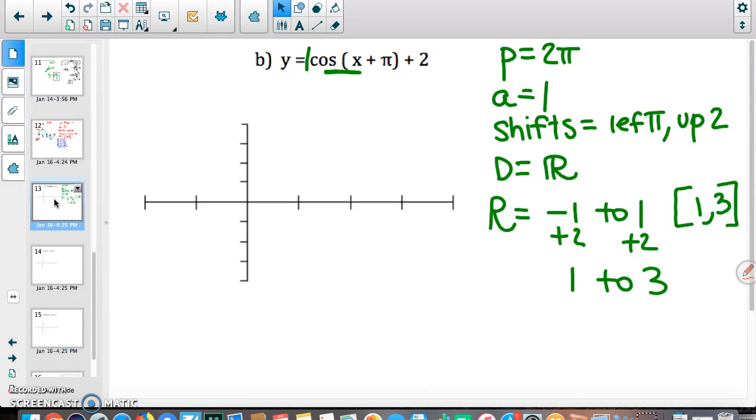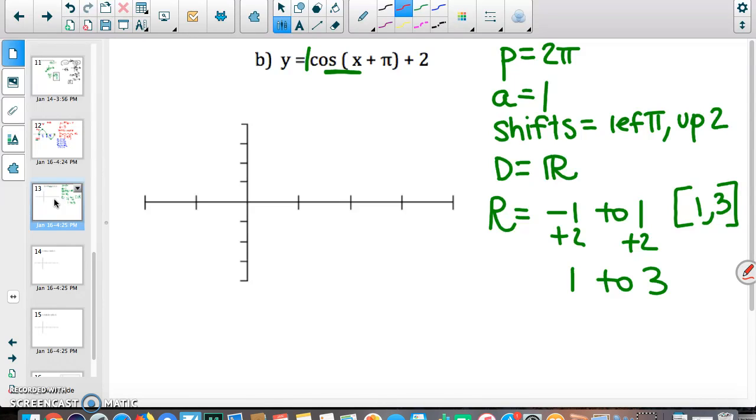So if your graph doesn't look exactly like mine, it's possible we just went about it in two different ways. I would encourage you to check your graph with Desmos and make sure all the key points are the same, because it's possible your graph is correct without looking exactly like mine.